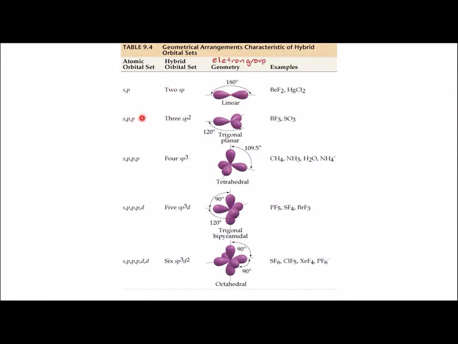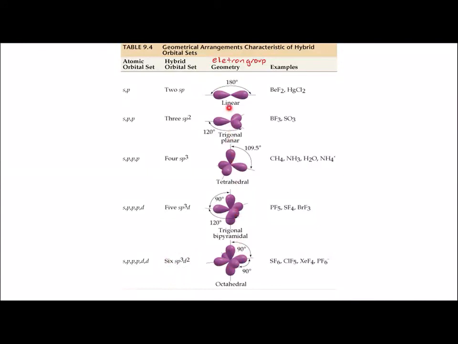If I take three orbitals, I end up with sp2, which is trigonal planar. Four orbitals, when they get hybridized, I get sp3 and a tetrahedral shape. Five orbitals, when they hybridize, you get an sp3d and a trigonal bipyramidal shape. Six orbitals, when they hybridize, you get an sp3d2 and an octahedral shape.